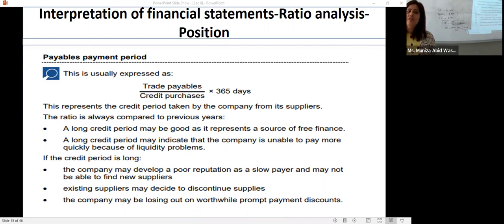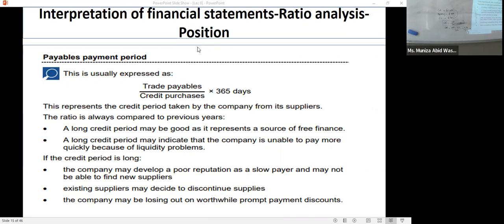A discount which is offered only when the creditor is paid within a promised time limit. Say, for example, 10 days is the promised credit period. If payment is made within 10 days, a certain discount is offered. If it is paid at 11 days, this discount is not offered. So when the organization is not paying in time, it would lose its prompt payment discounts, that is, settlement discounts or cash discounts.